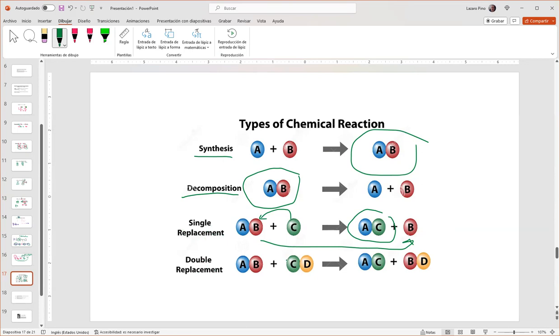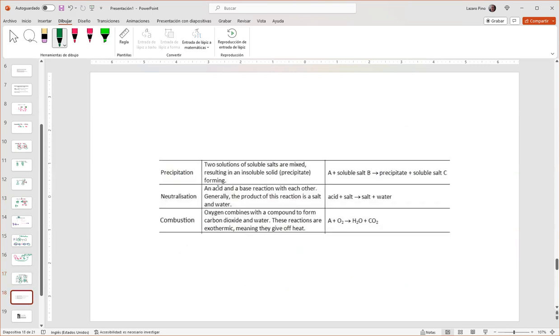Double replacement is when C replaces B, but D then combines with A, and then you make two new substances. Well, you can also have precipitation reactions, when a solid or a precipitate is formed.